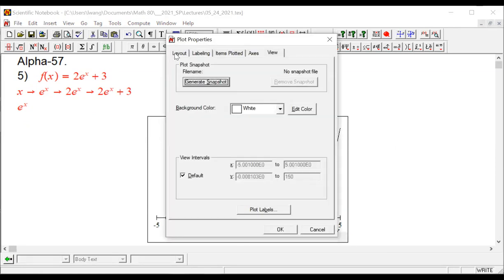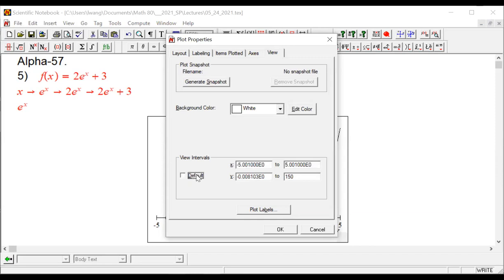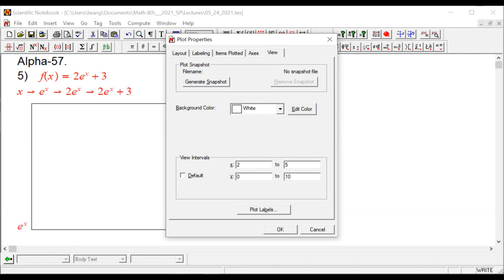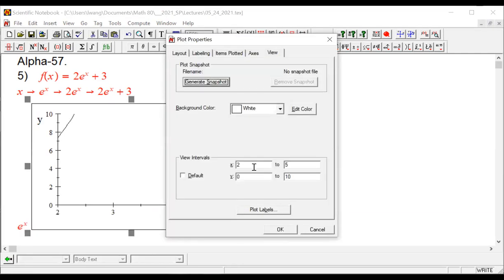And here I'm going to make some adjustment, right? Over here, I'm going to make it a little narrow. Oops. What happened there? Oh, never mind.